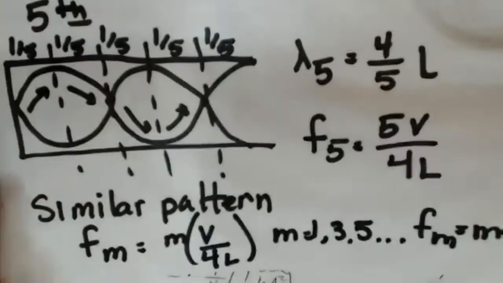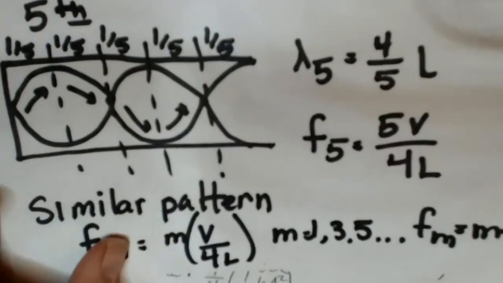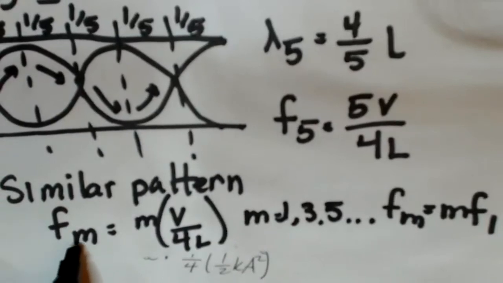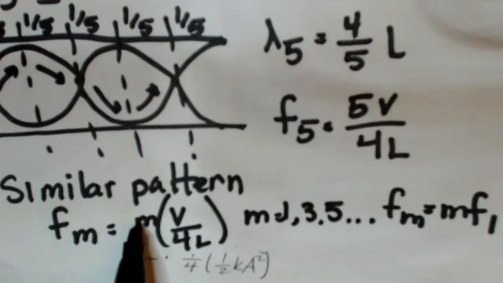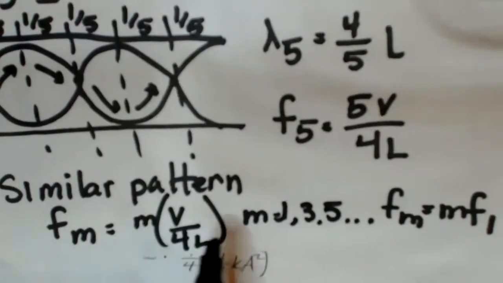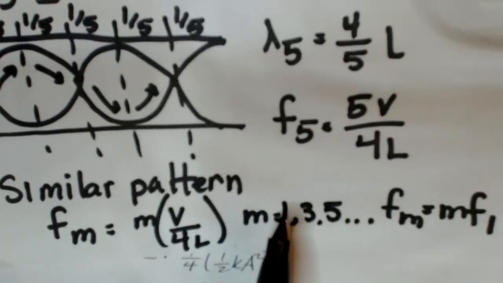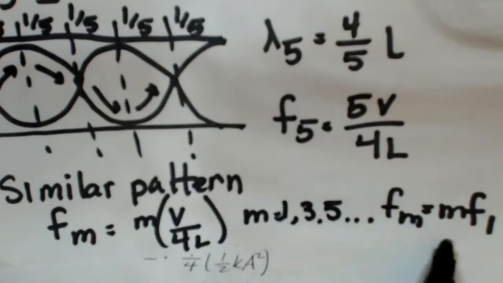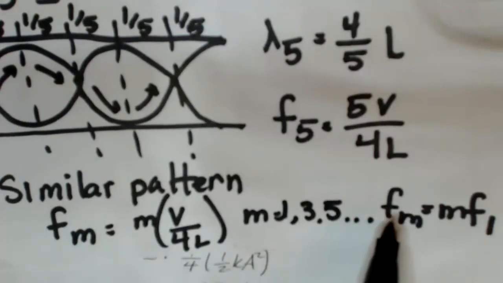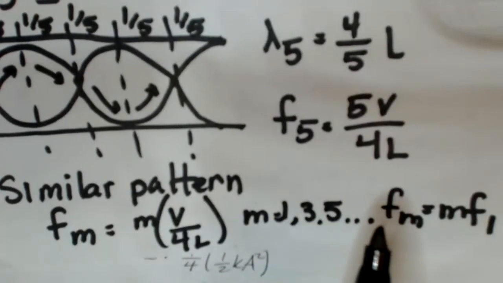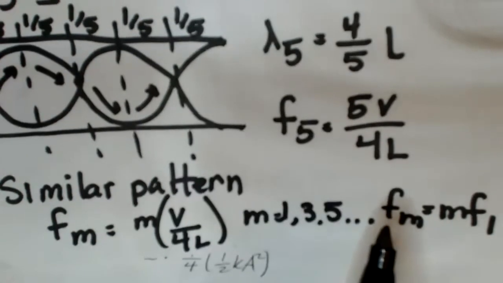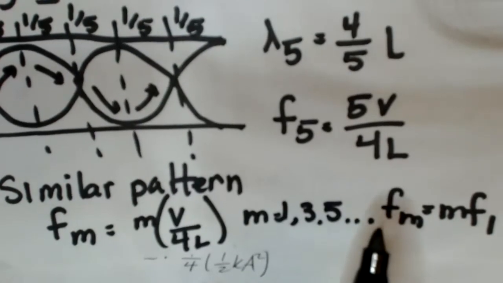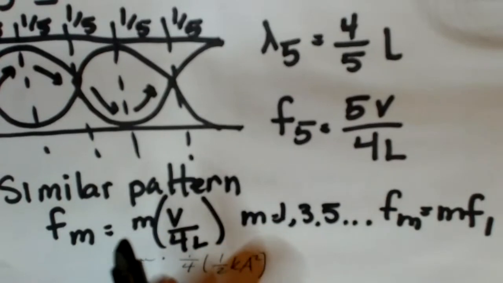So there's another pattern. And the pattern here, for this waveform, is the number of the harmonic you're on times V over 4L, but N skips the even numbers. It's 1, 3, 5, 7. But there's still the relationship between the number of the harmonic and the fundamental. So again, once you set the fundamental, you set all the harmonics for that system.